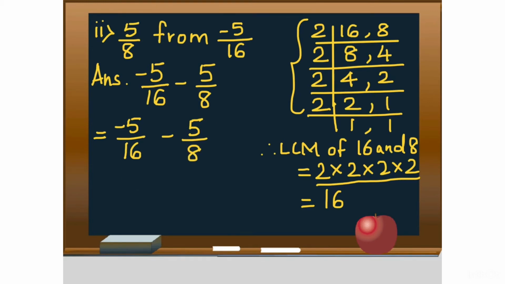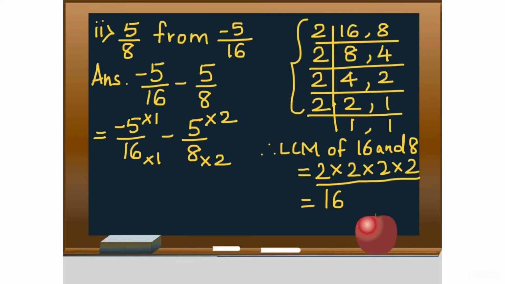Since this rational number is already having 16 in the denominator, we are going to multiply it by 1, and the numerator also by 1. This rational number is having 8 in the denominator, so we will multiply it by 2 to get 16. The same 2 we will multiply even with the numerator.